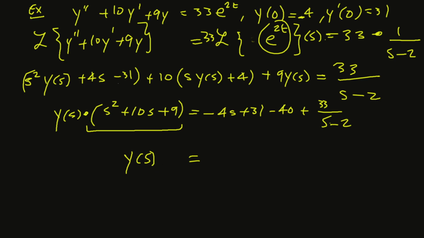To factor, two numbers that multiply to 9 and add up to 10 are 9 and 1. Alright, so you should have negative 4s squared minus s plus 51 over s minus 2, and you divide by this, s plus 1 times s plus 9.